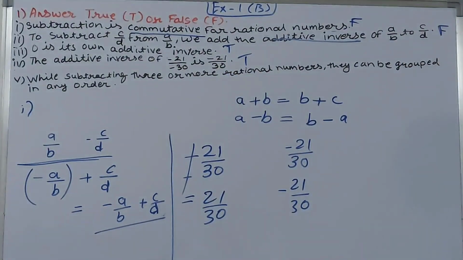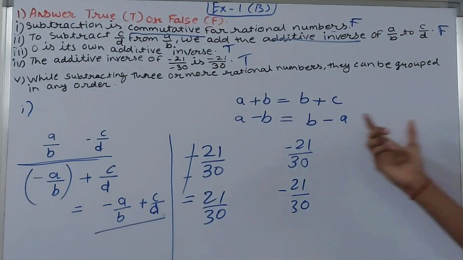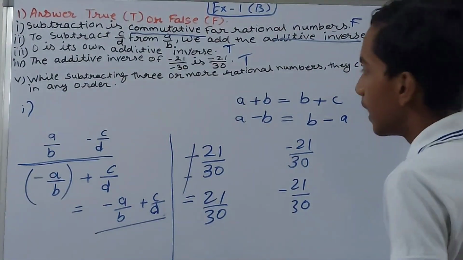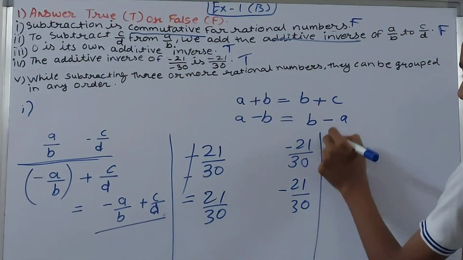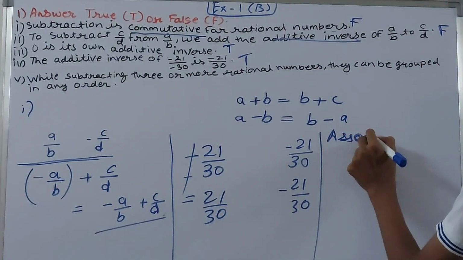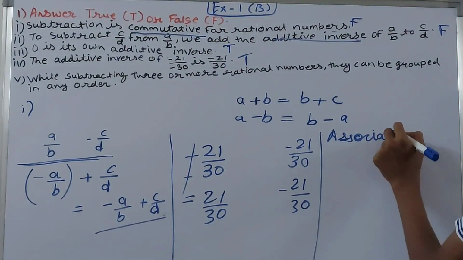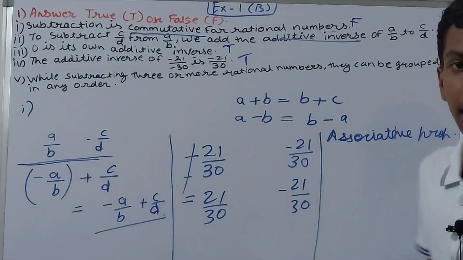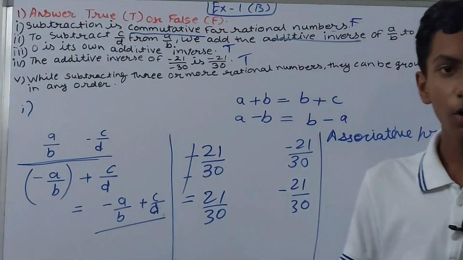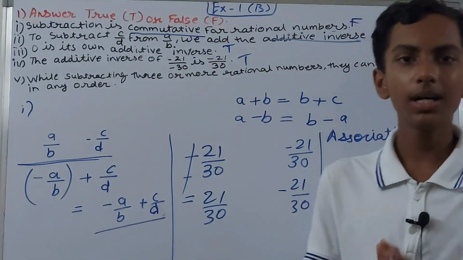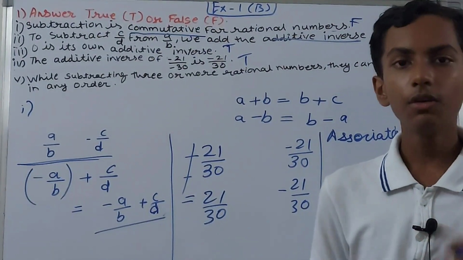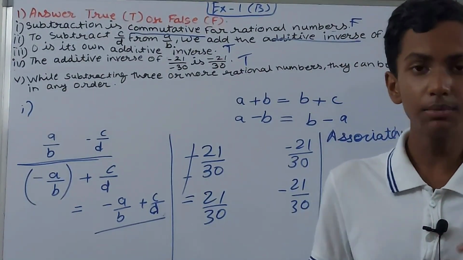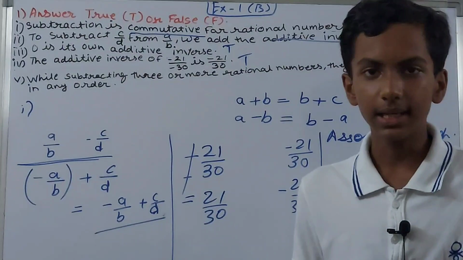Then: while subtracting three or more rational numbers, they can be grouped in any order. Now here we will be seeing the associative property. Associative property means that we have three or more rational numbers. Always remember, in this property we will not have two rational numbers; we will have minimum three, or it can be more than that as well.